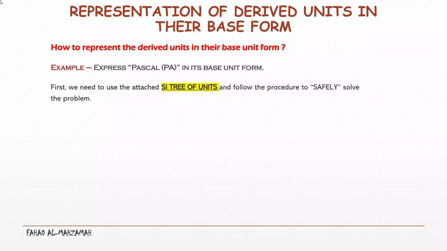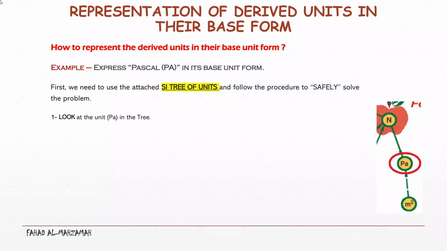No one is going to force you to follow some procedure, but these are safe procedures to avoid any possibilities for mistakes. I cut the picture for Pascal, and let's start the procedure one by one.